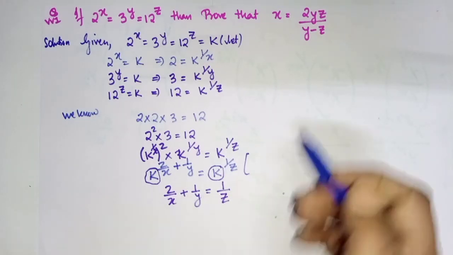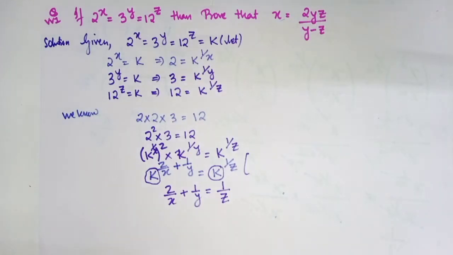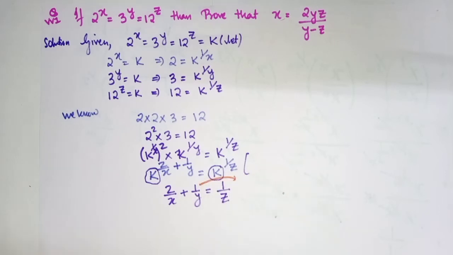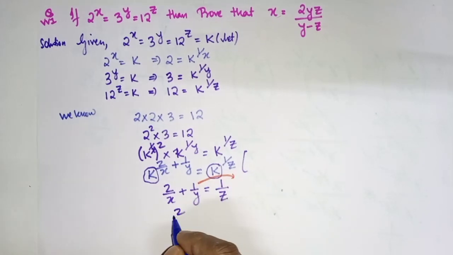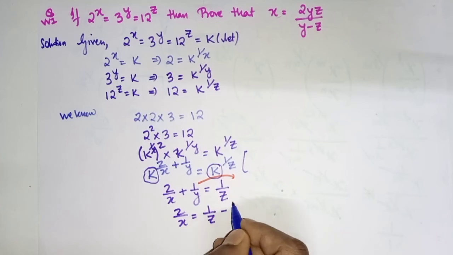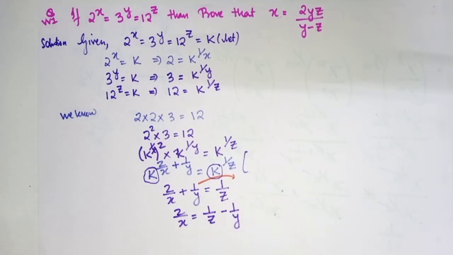You can see x is alone, so I'll make x alone. I'll take the plus 1 by y to the other side, so 2 by x equals 1 by z minus 1 by y. Whenever it goes to that side, it will be minus.